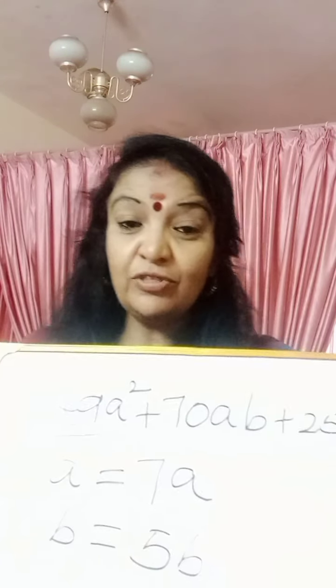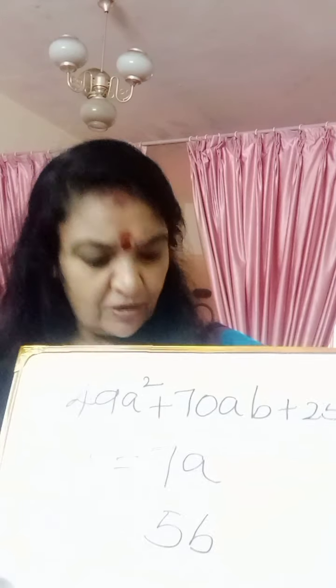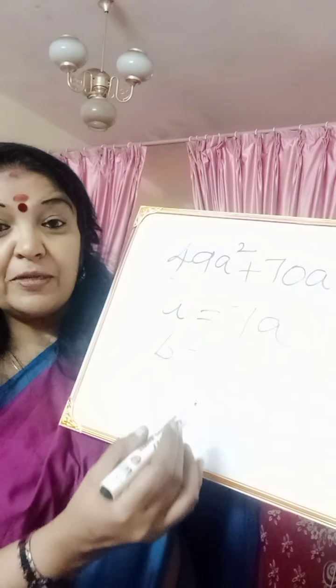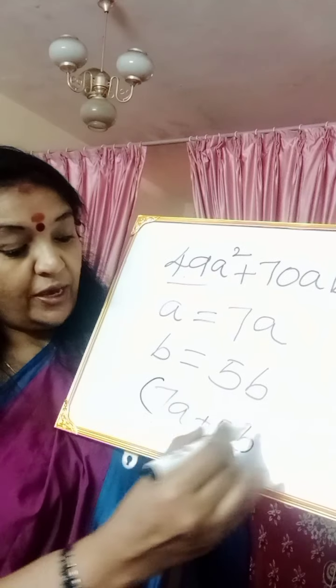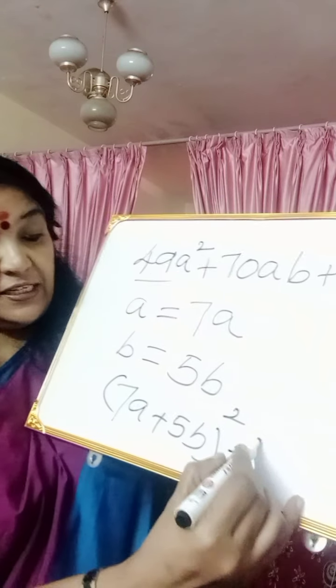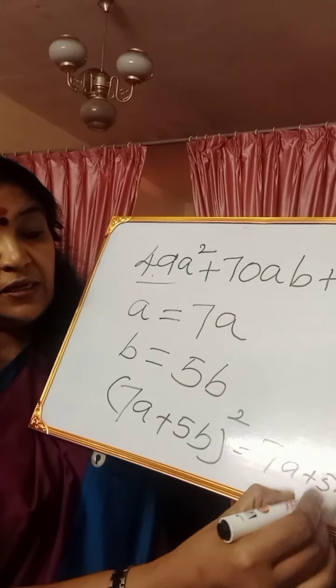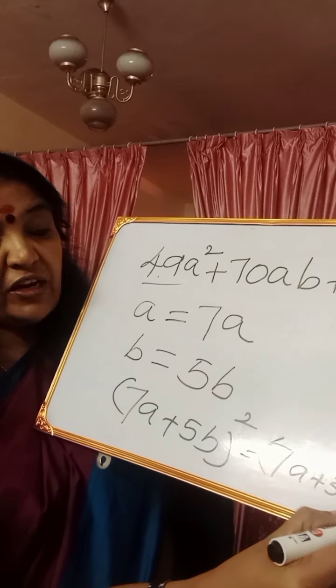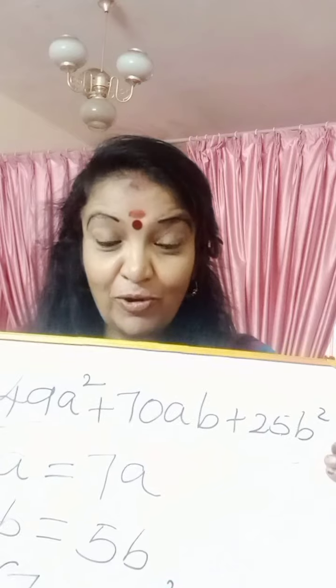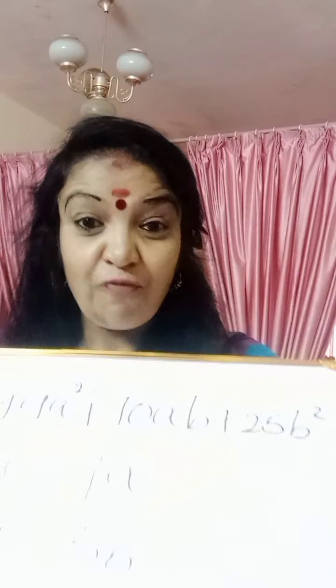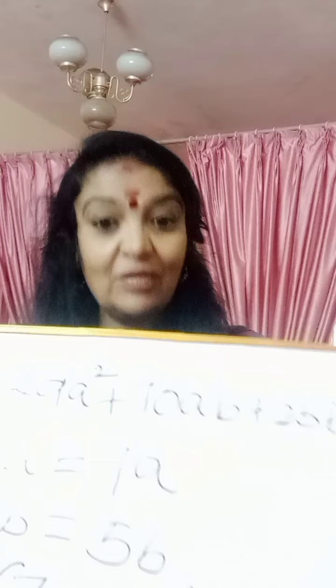Then all the terms are positive, so you can write it as (a plus b) whole square, that is (7a plus 5b) whole square. Or we can write it as (7a plus 5b) into (7a plus 5b), because both are the same term. I told you in a square identity, a second degree polynomial, you are getting at most 2 factors, not more than 2.